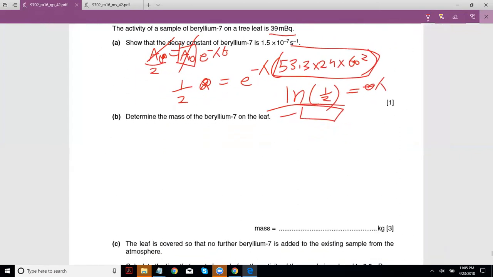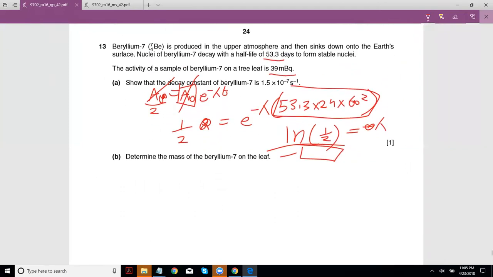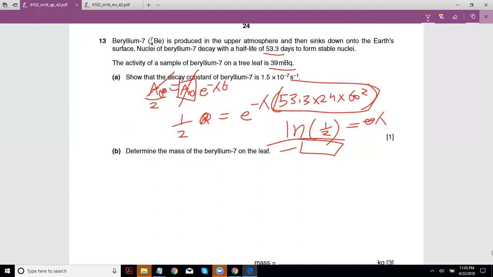Determine the mass of the beryllium-7 on the leaf. How do you calculate the mass? You can go with A equals minus lambda N, where N is the number of nuclei. So this is 39 into 10 to the power minus 3, because it says milli.